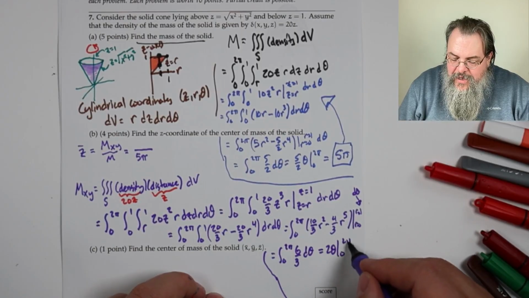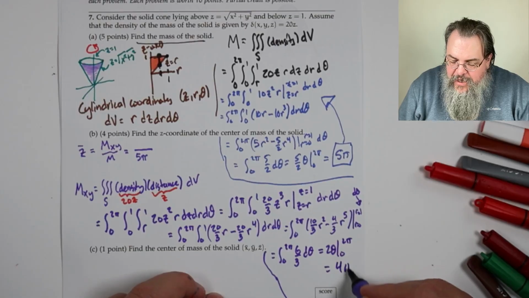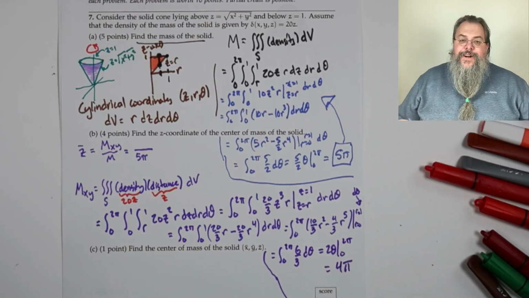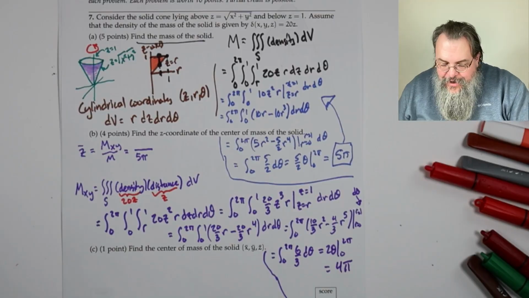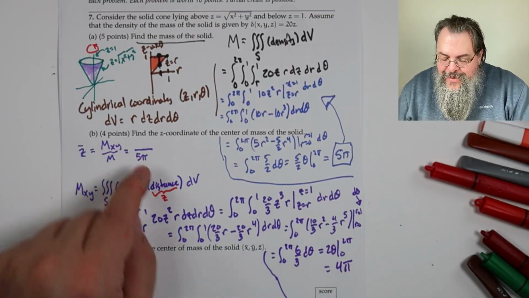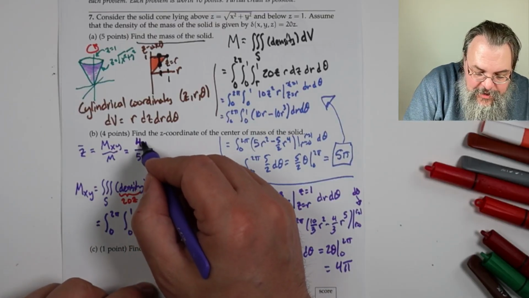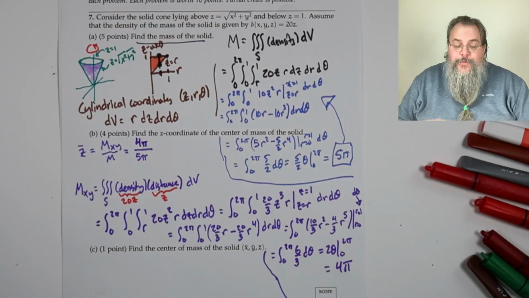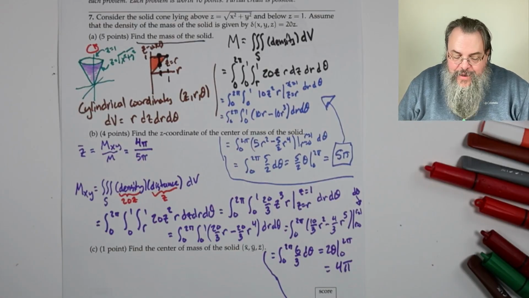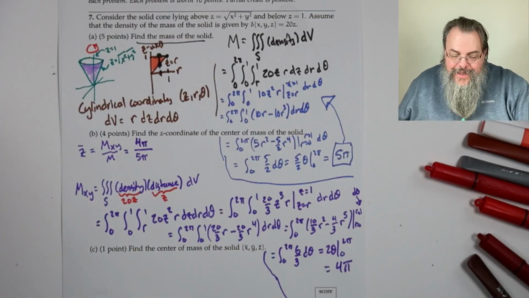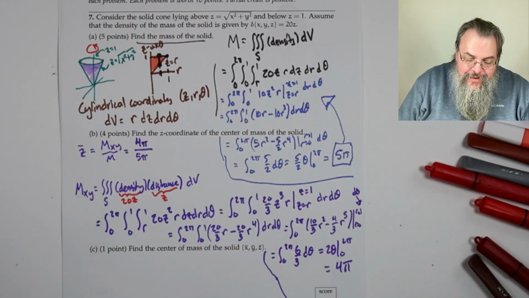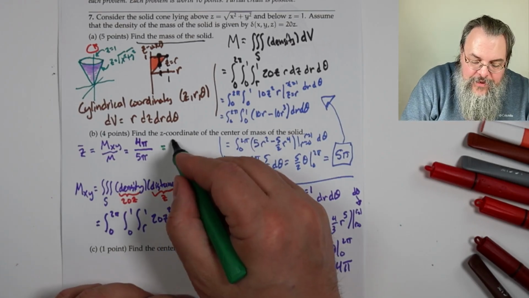Evaluate from 0 to 2 pi, which gives us 4 pi. Oh, okay, so our moment is 4 pi. That goes here. So we have 4 pi over 5 pi, meaning our z-coordinate is 4/5.